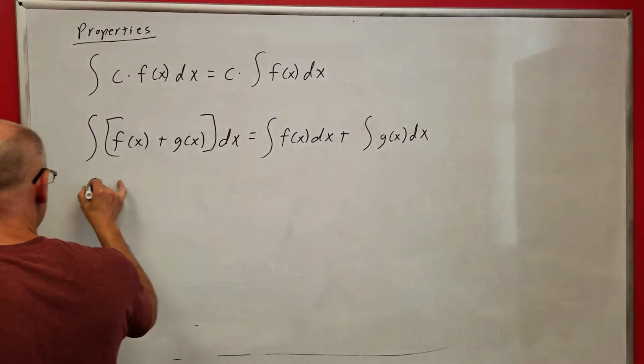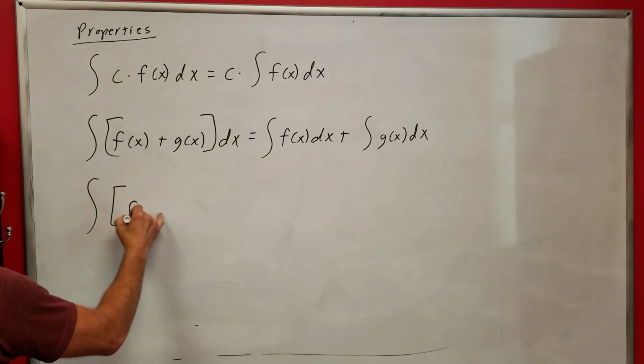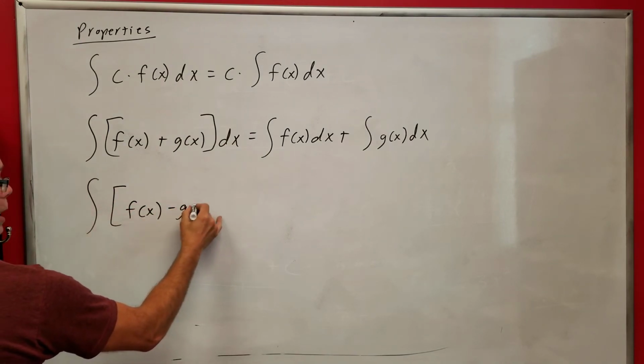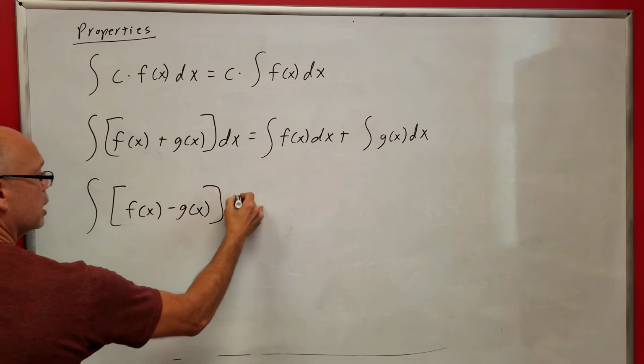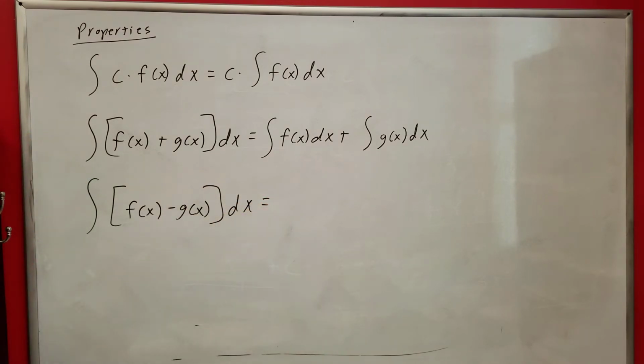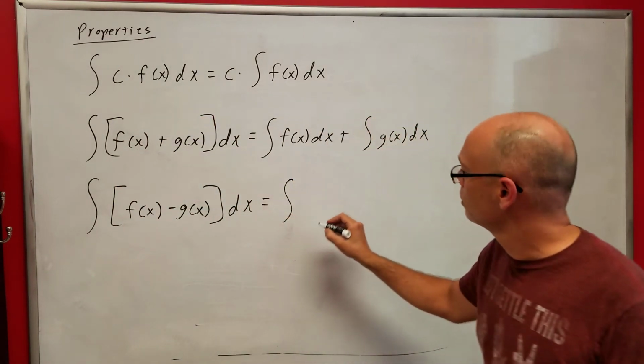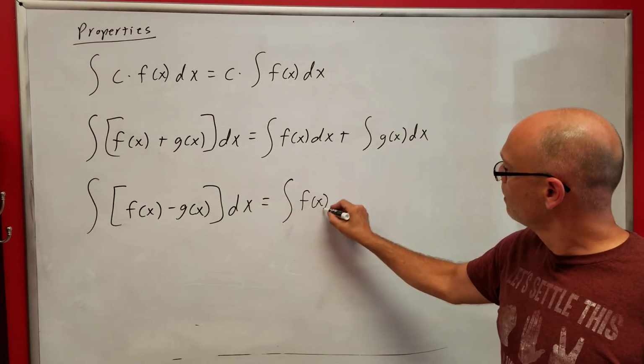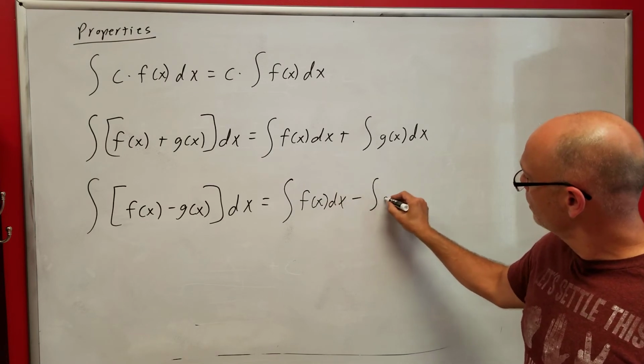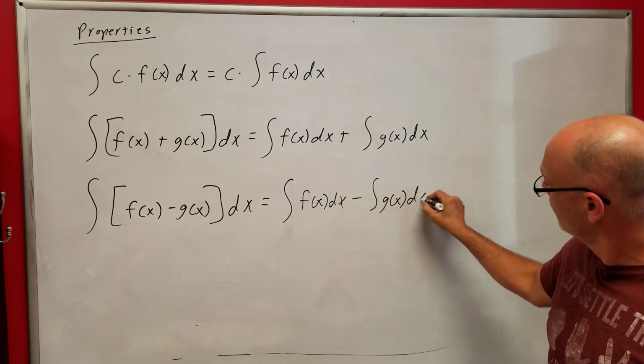And we also have a property for subtraction that basically says the same thing. Suppose I have f of x minus g of x I'm trying to integrate. I could break that up into the integral of the first one minus the integral of the second function.